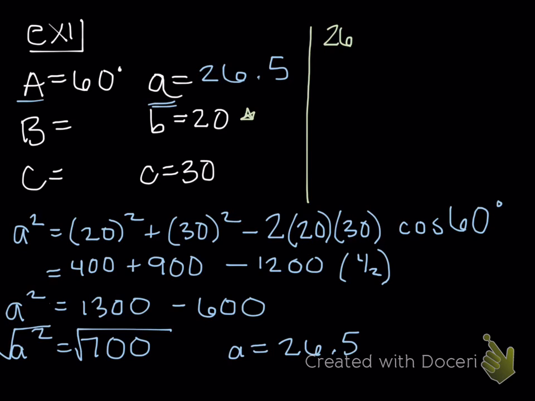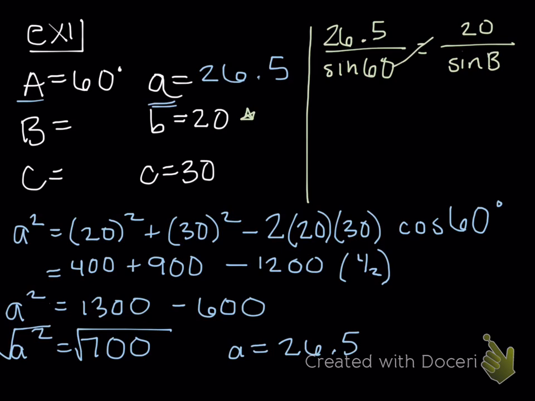Now I have a pair. I have 26.5 over sine of 60 equals 20 over sine of angle B. So we're going to cross multiply. Again, I'm assuming we know how to do that calculation now.